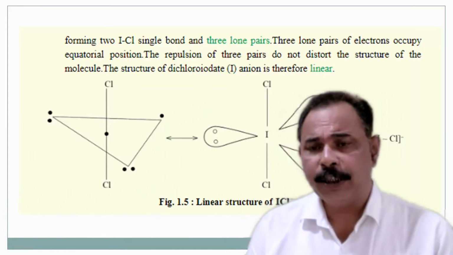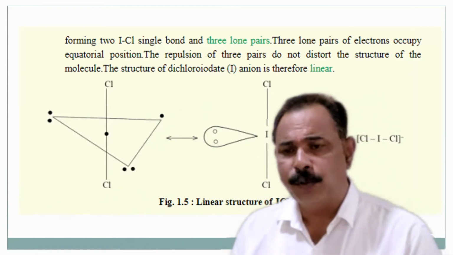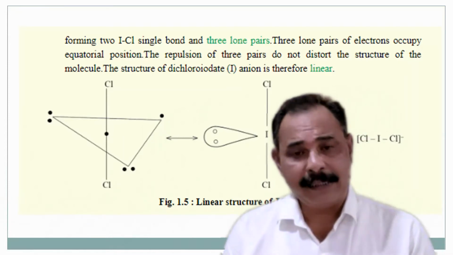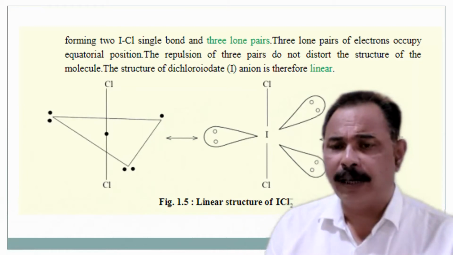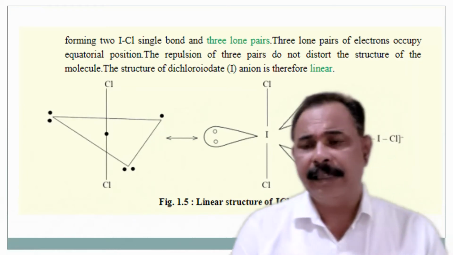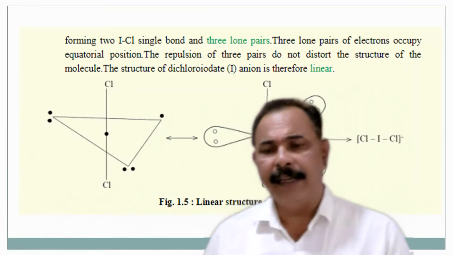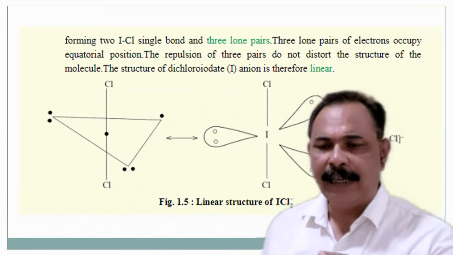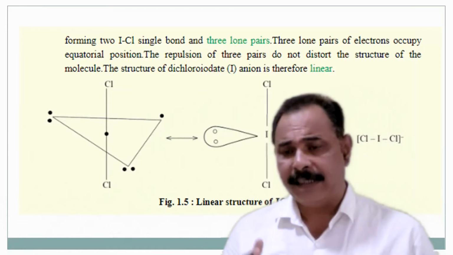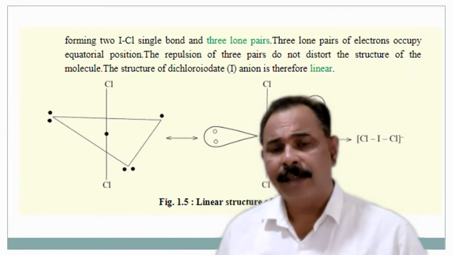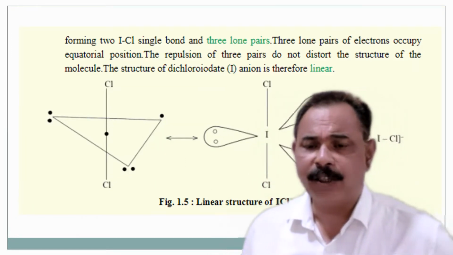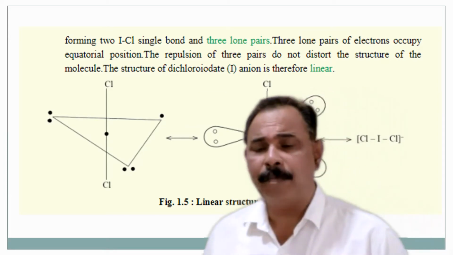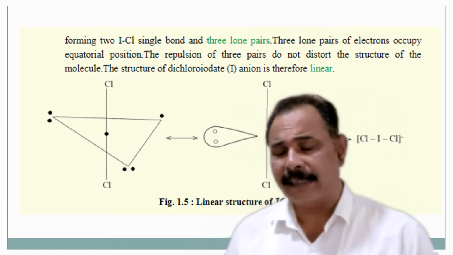So the repulsion of the 3 lone pairs does not distort the structure of the molecule, and the structure of the dichloroiodide(I) anion is therefore linear, because Cl, I, Cl are placed in one line. The diagrammatic representation shows the linear structure of the ICl2 minus ion.